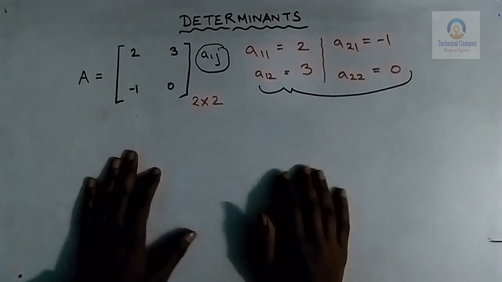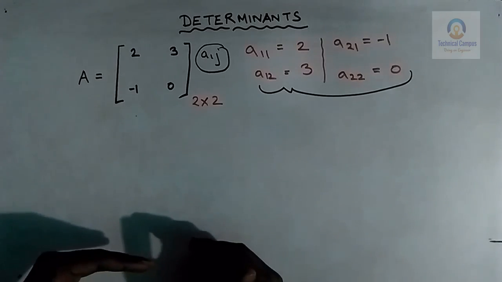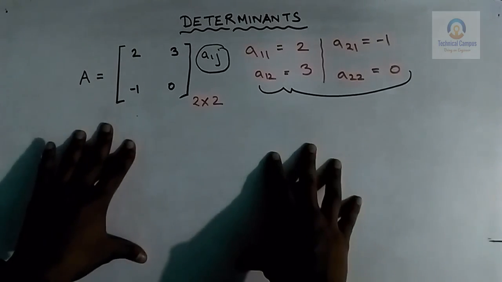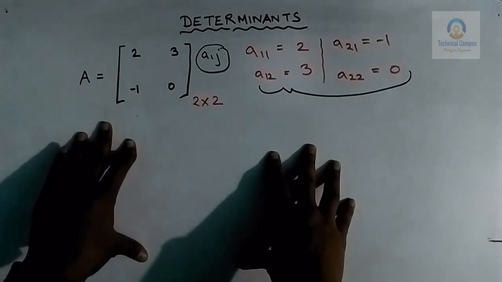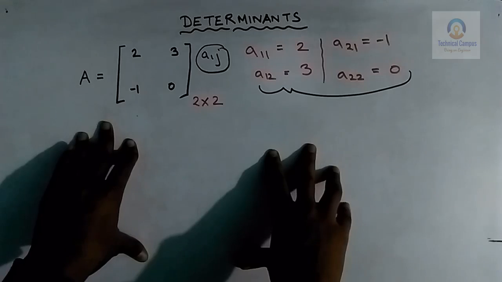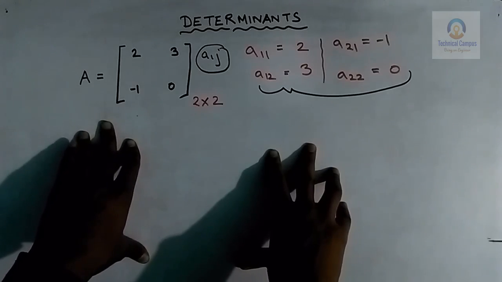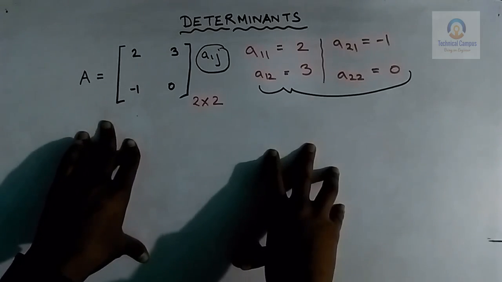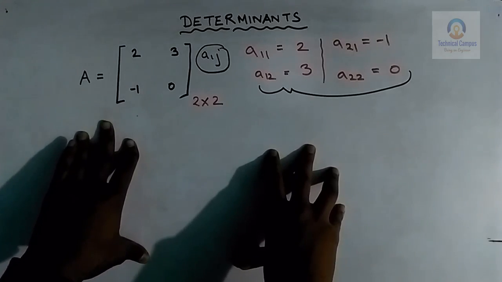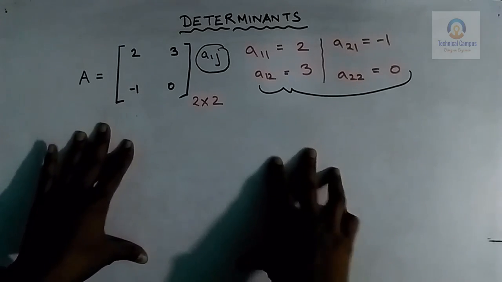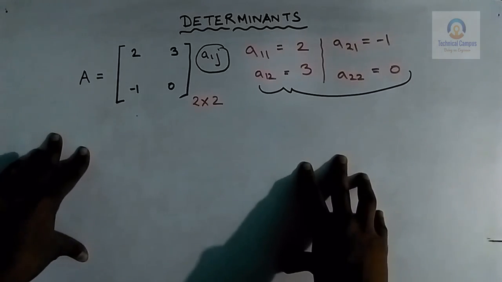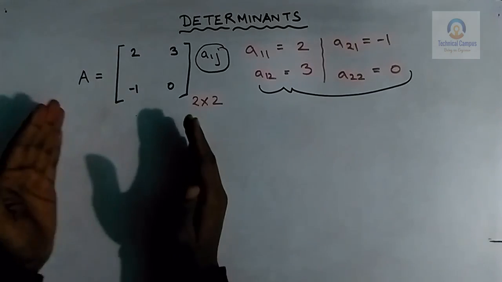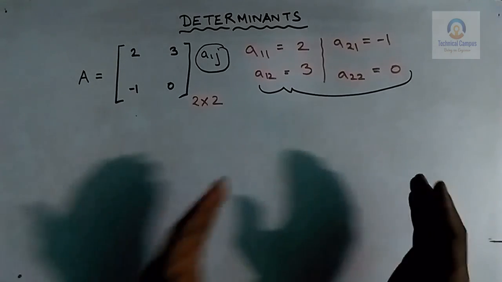So that particular arrangement is known as a matrix. Basically a matrix does not have any net value, but to determine the value of a matrix, we have to convert the matrix into a determinant. So a matrix does not have any value, but a determinant has some value.